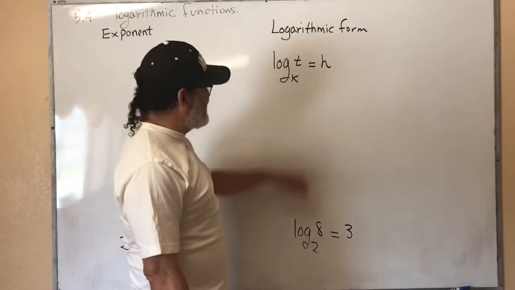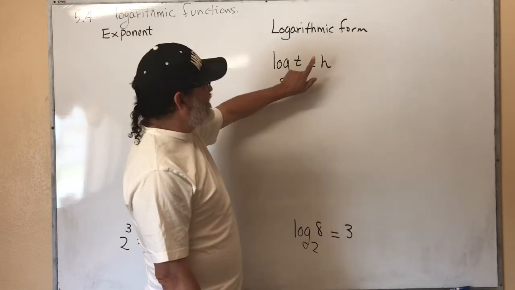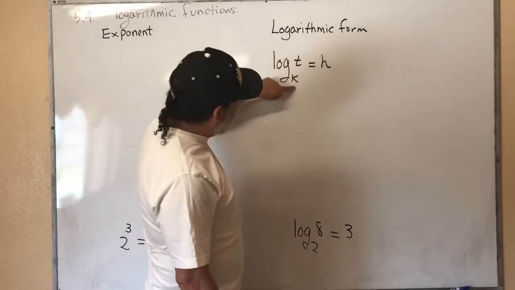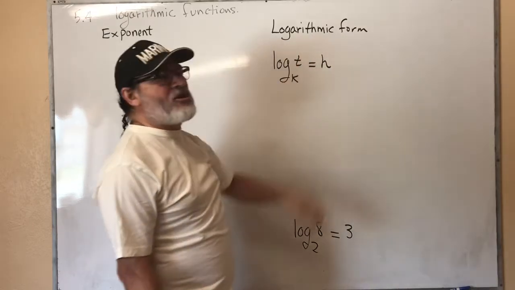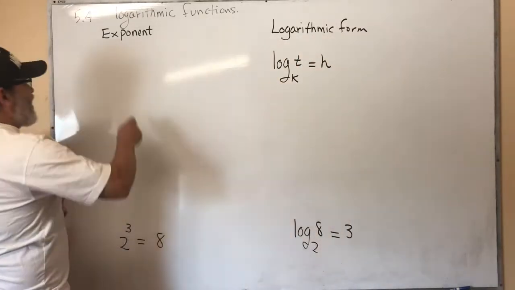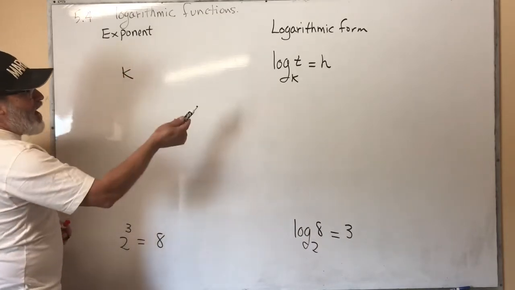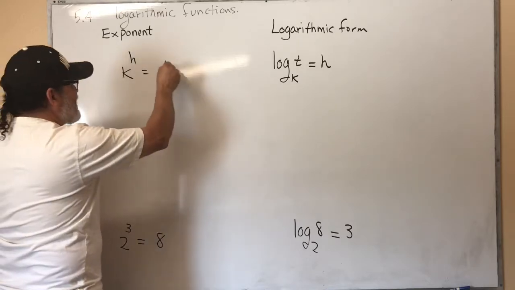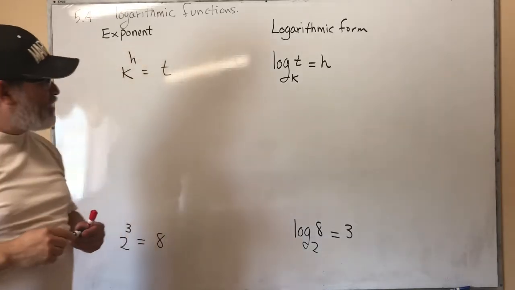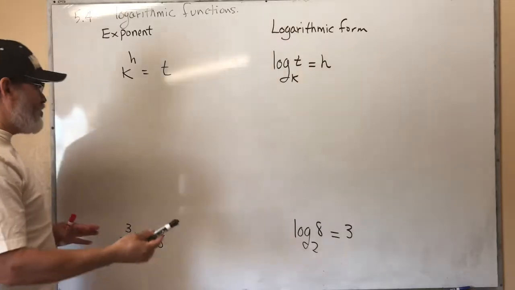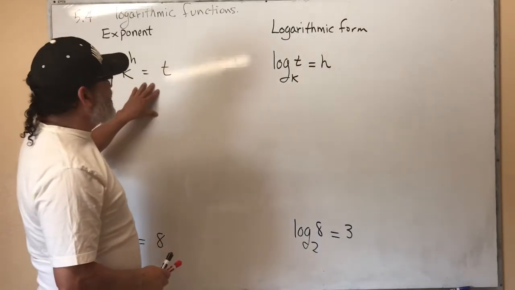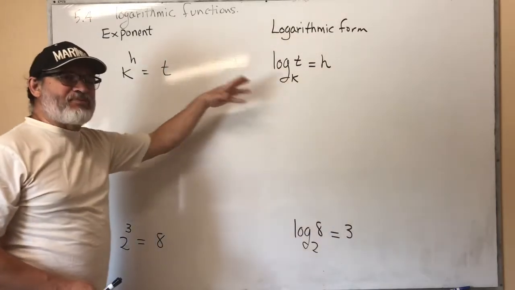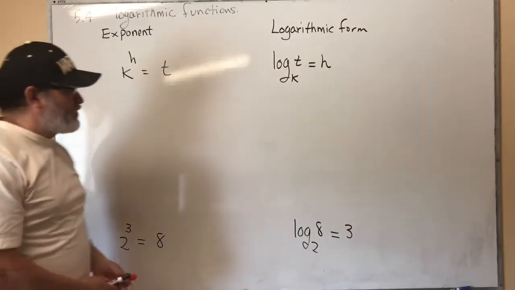Sure you can. This is the base, this is the power, and that's the argument. This base to this power gives you the argument. So k to the power of h gives you the argument t. There you go. So you can go back and forth. By the way, this is equivalent to that. Equivalent expressions.